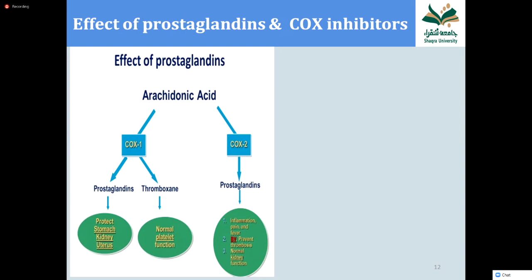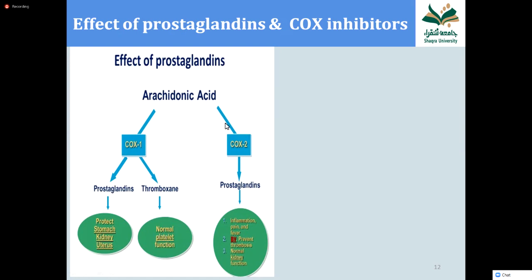When COX-1 works on arachidonic acid, it produces prostaglandins, which are responsible for protection of stomach, kidney, and uterus. Thromboxane is also produced, which is required for normal platelet effects.